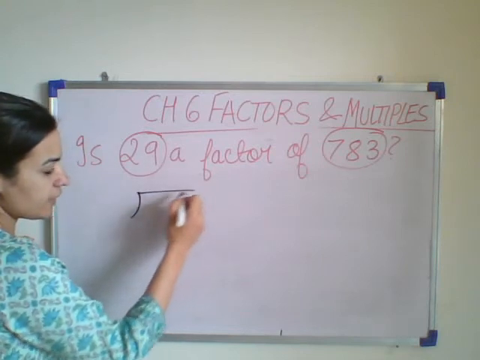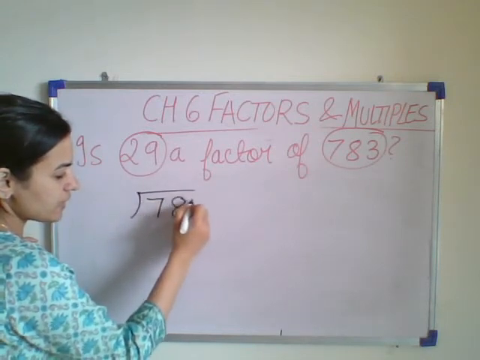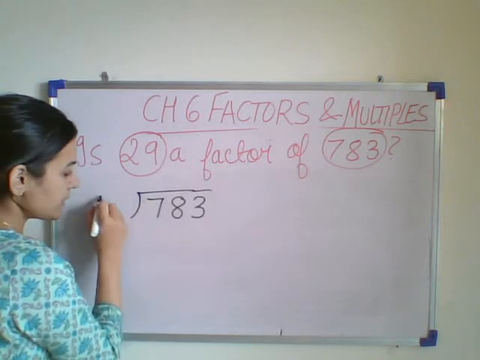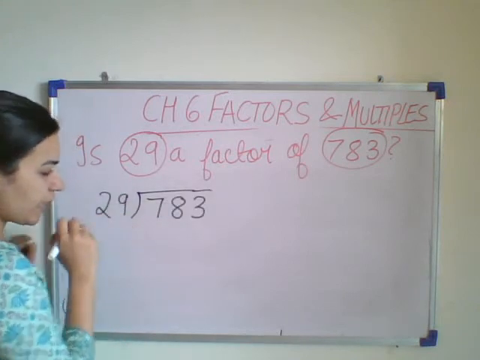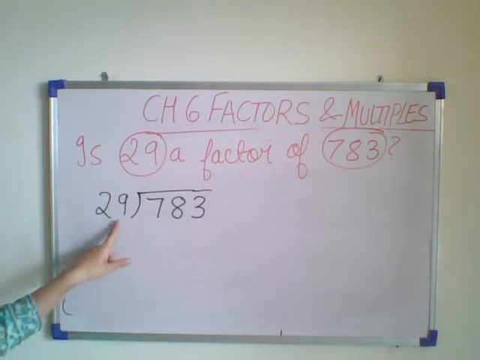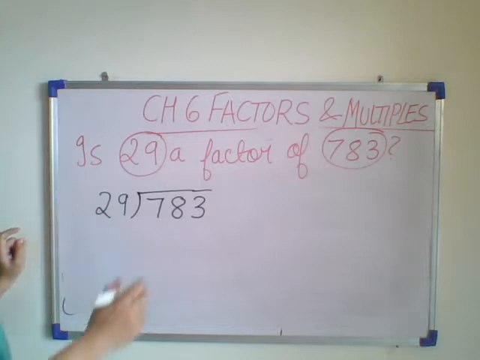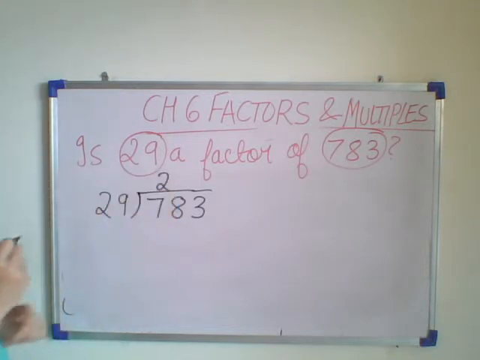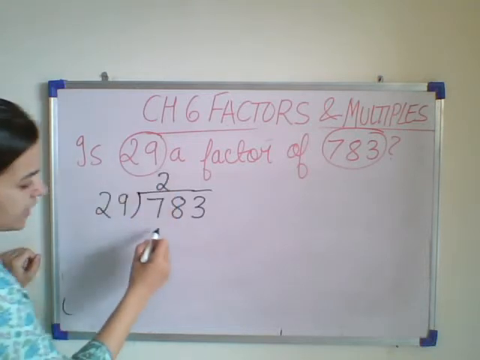So I will be writing 783 in brackets and 29 I will be writing outside, and then I will be doing the simple division. 29 ones are 29, 29 twos are 58.